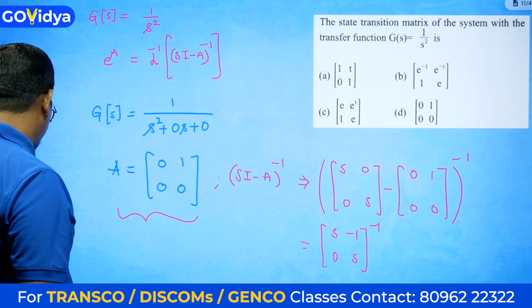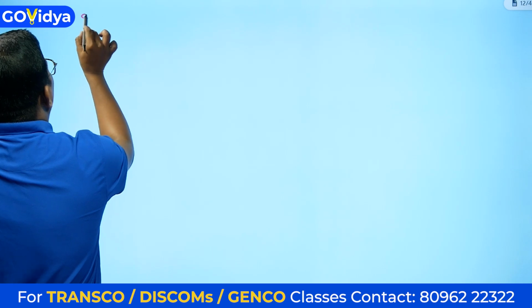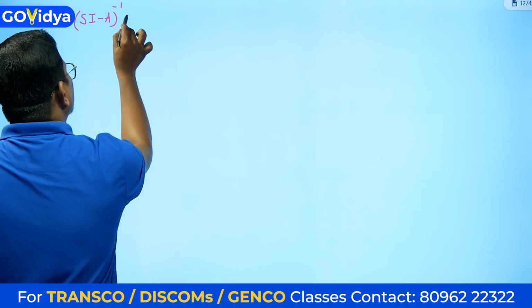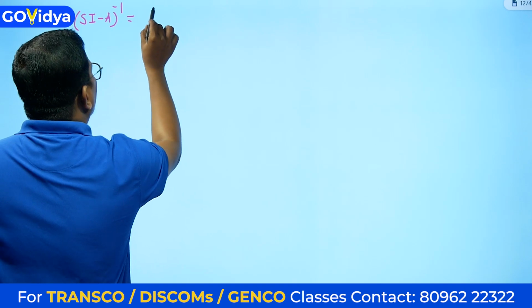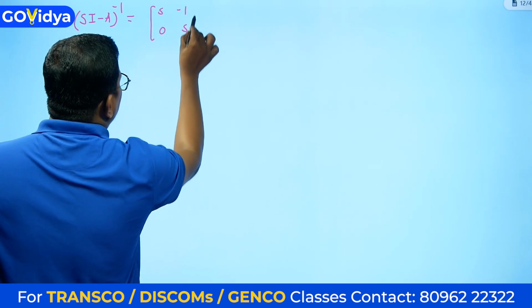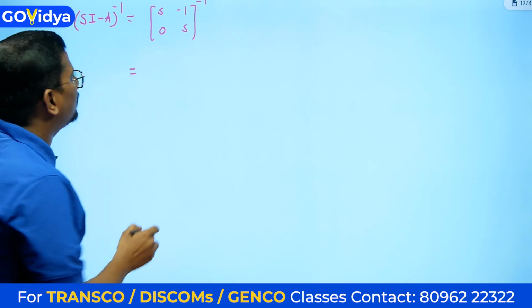Let us take another slide. How to calculate (sI minus A) whole inverse? We have to find the inverse of s, minus 1, 0, s. How to calculate that?